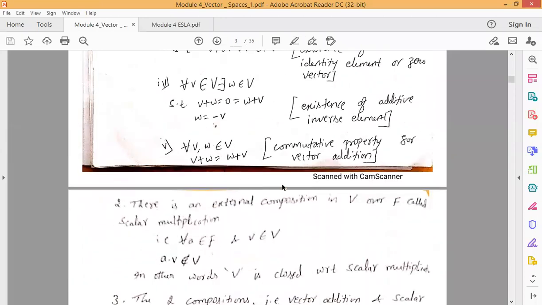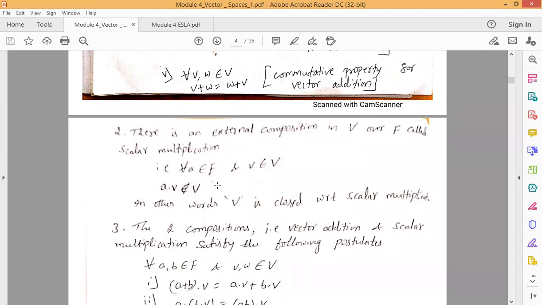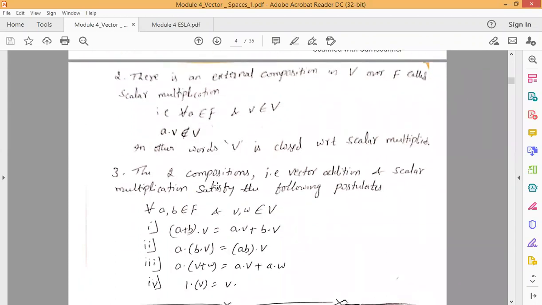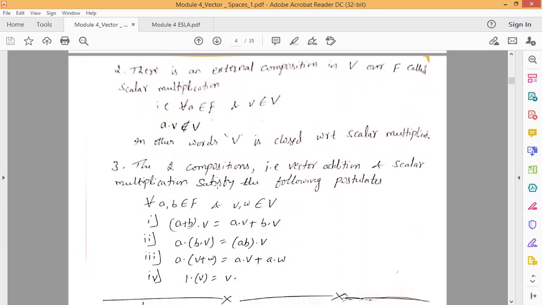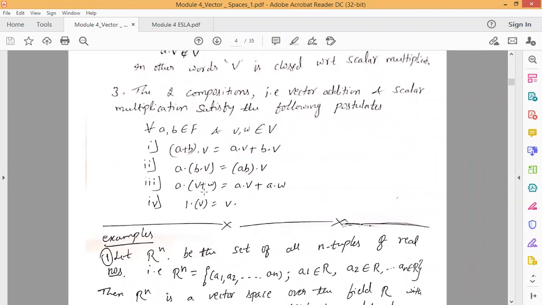Similarly, in order to check the scalar multiplication, you have to take some element which belongs to the real numbers and check whether it obeys the scalar multiplication property. Also, having vector addition and scalar multiplication satisfied, we will be checking some of the postulates which are defined here. Four postulates we have taken, so we will be checking all these also.